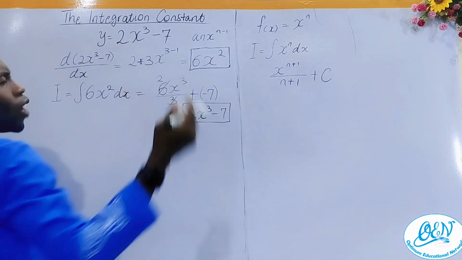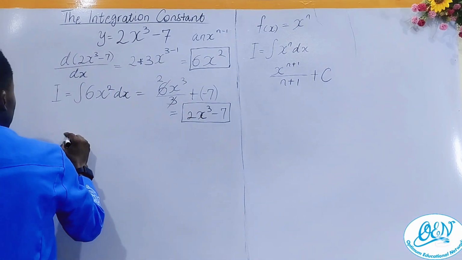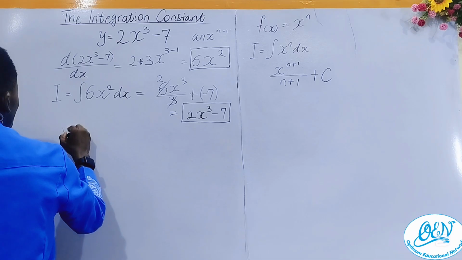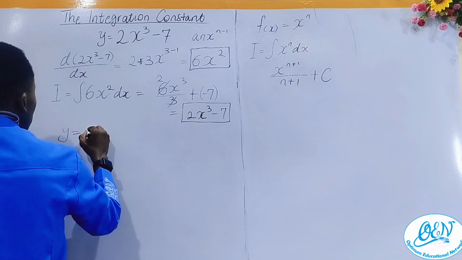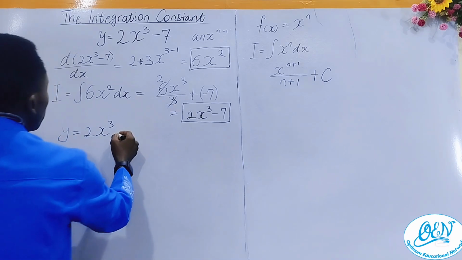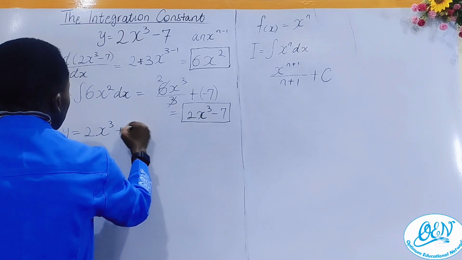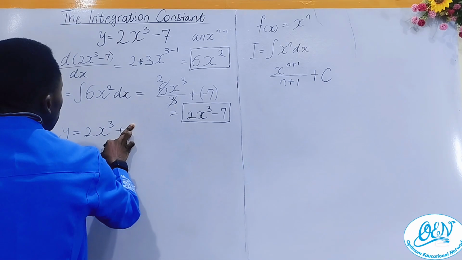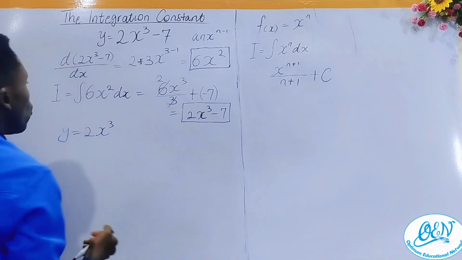Now, let's assume we have another function, let's say y is equal to 2x cubed. This time around, we're not going to put any constant, so the constant here is 0.